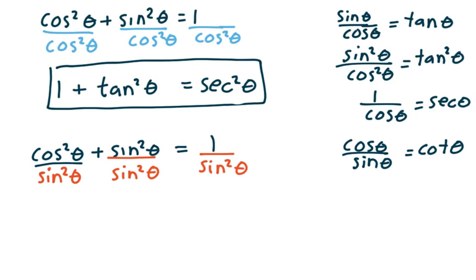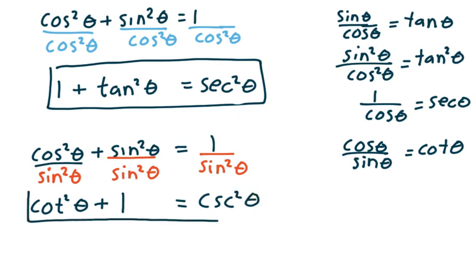So if I square both sides, cosine squared theta over sine squared theta is cotangent squared theta. Sine squared theta over sine squared theta is 1. And then on the other side, 1 over sine squared theta is cosecant squared theta. And that would be our third Pythagorean identity right here.